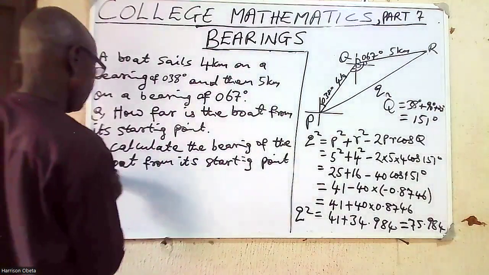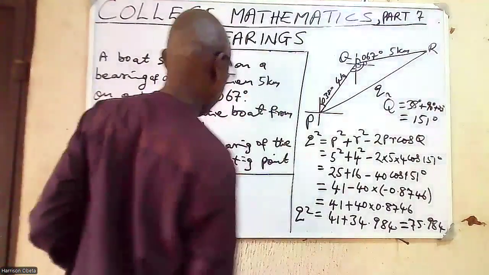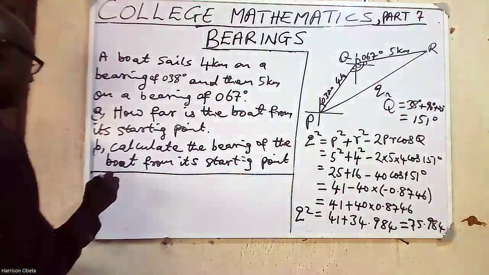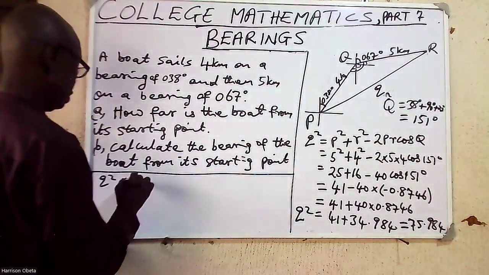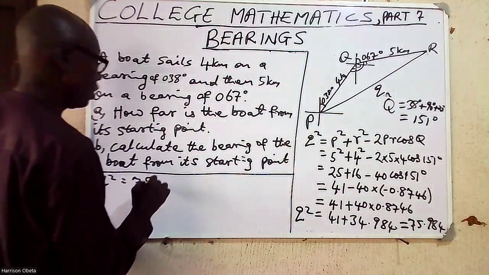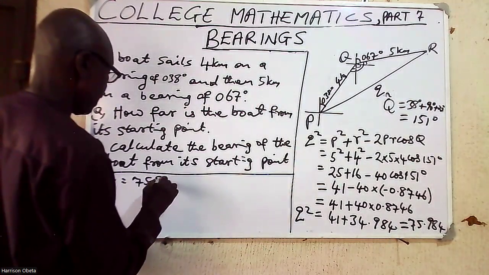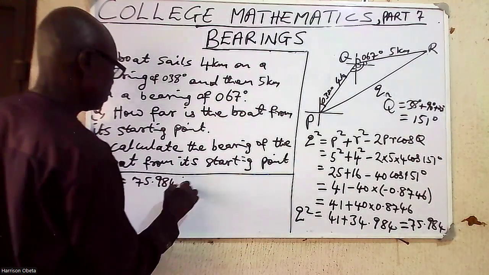Coming back here, q squared is equal to 75.984.